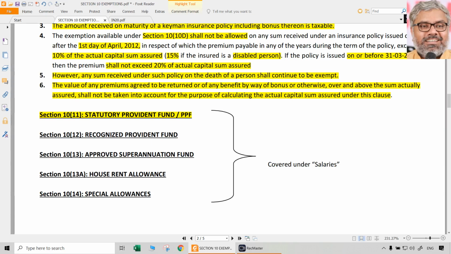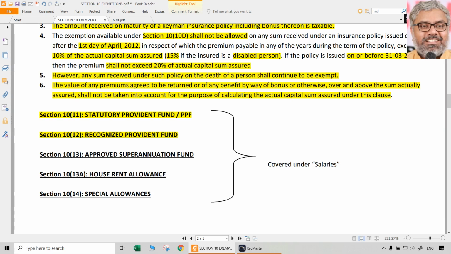Now, once again, so many exemptions under the head of salaries. 10(11), contribution to statutory provident fund and amount received from statutory provident fund are exempt. Amount received from recognized provident fund is exempt, and contribution to the recognized provident fund is taxable only in relation to the employer. Up to 12% of salary it is not taxable. Beyond that only it is taxable. But the amount received from recognized provident fund at the end of the period is exempt.